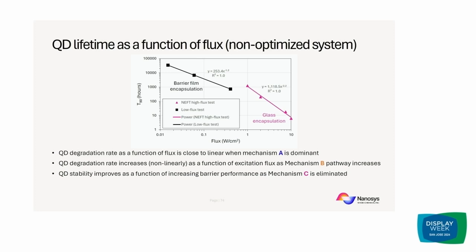And you can see that the functional form of how these material lifetimes depend on excitation flux can depend on different mathematical fits depending on the type of flux regime that you're in. So this is something that we use to differentiate between those first two mechanisms that I was describing.